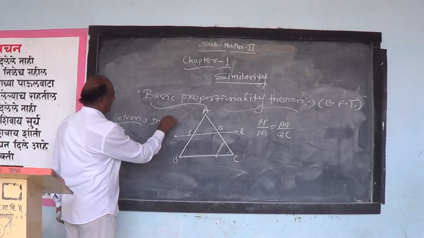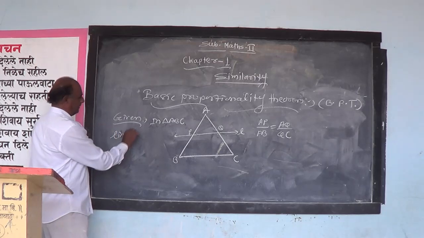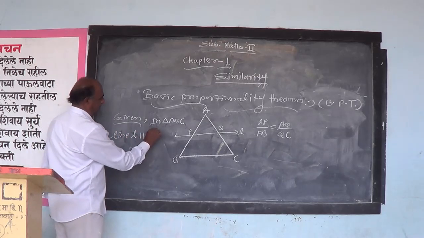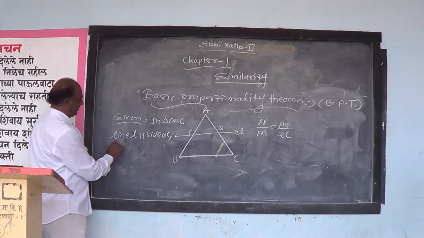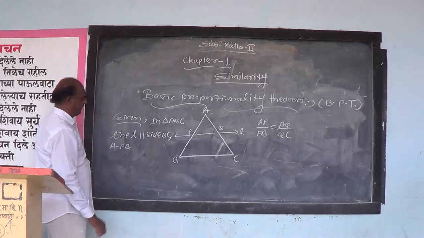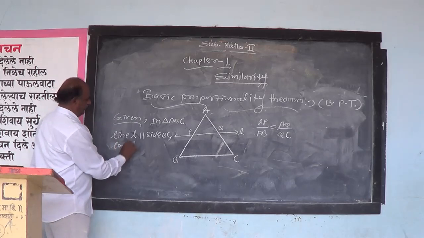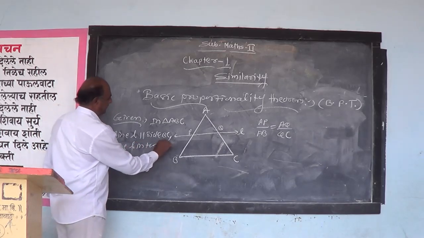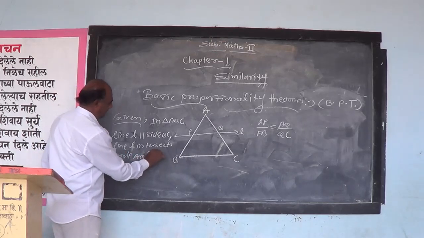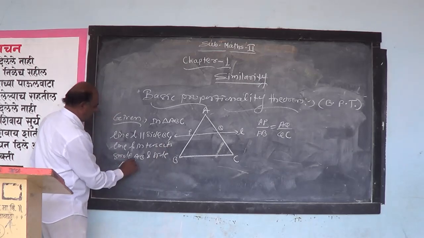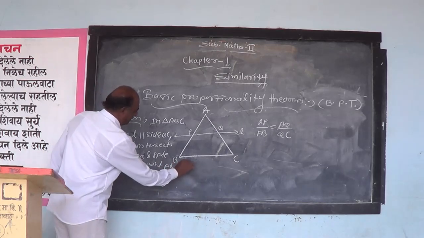Given: in triangle ABC, line L is parallel to side BC, and line L intersects side AB and side AC in points P and Q respectively.